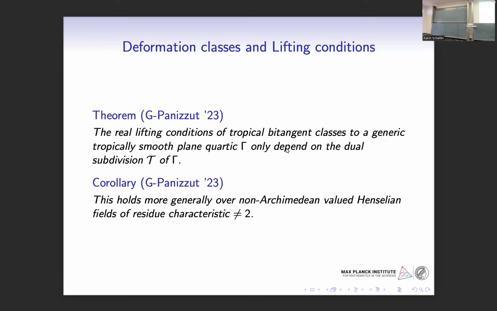And this holds even if you want to lift the quartics over other non-Archimedean valued henselian fields of residue characteristic not equal to 2. Because the only thing is that we need to be able to take these square roots to compute the real bitangents. So it's not really important that we have this real lifting condition. Just lifting itself only depends on this combinatorics.